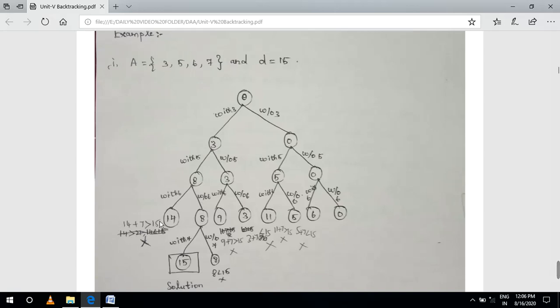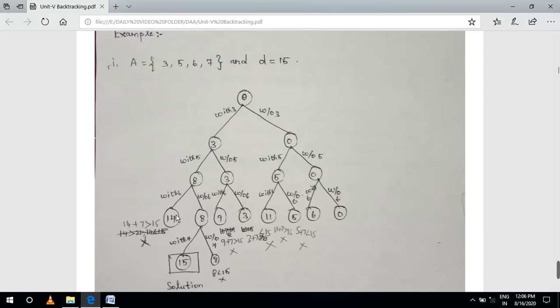Next, with 7 and without 7, you add that. I'm going with 7 at the 14 level. Our target sum d is 15. If the sum increases beyond 15, it is not a solution; exactly 15 is a solution. That's why it is called sum of subset.